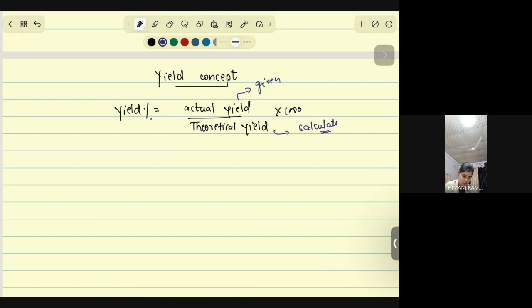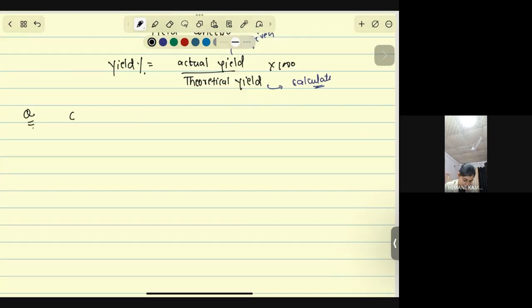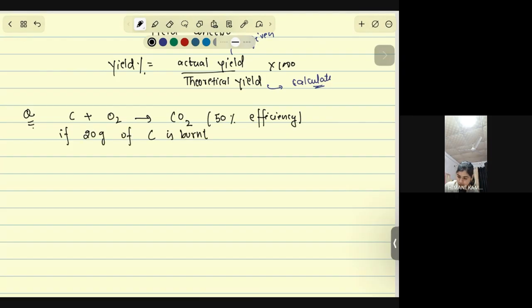So let's do one question. Carbon plus oxygen gives CO2 with 50% efficiency. If 20 gram of carbon is burnt, calculate the volume of CO2 produced.